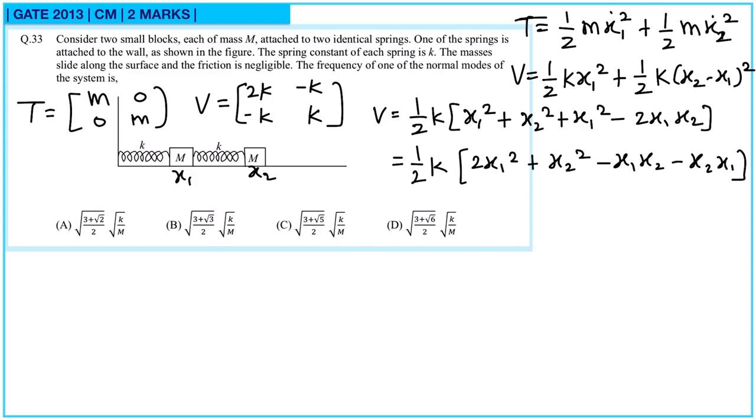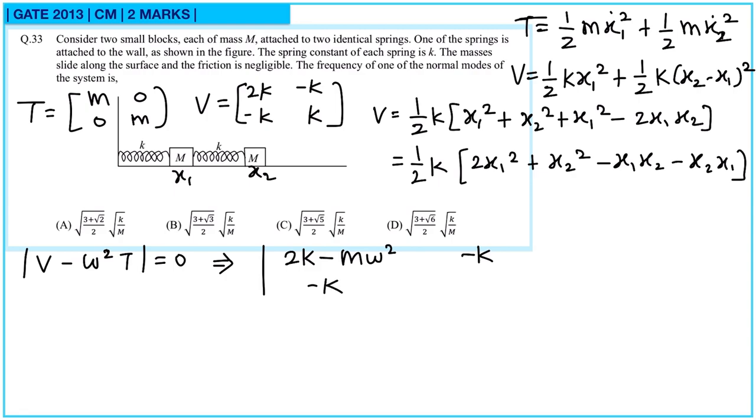To find out normal modes, we have to consider this matrix. Mod of V minus omega square T should be equal to 0. That means, potential is 2k, so 2k minus m omega square, here we have minus k and 0, then minus k, then k minus m omega square, this should be equal to 0. So 2k minus m omega square into k minus m omega square, multiply this.